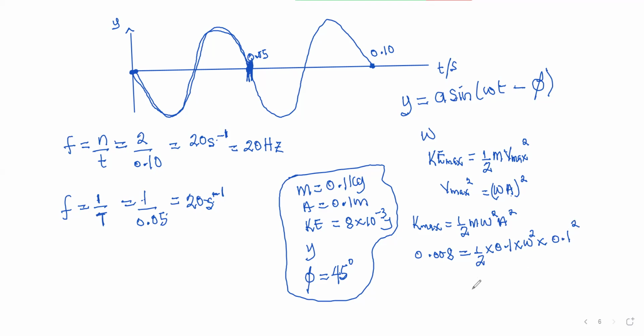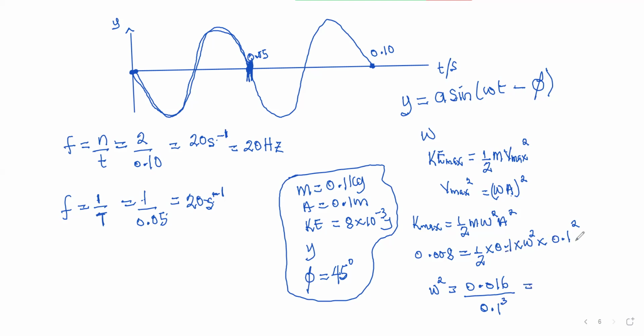Let's determine the value of omega squared. Omega squared will be 0.008 times 2, giving 0.016, divided by 0.1 raised to the power 3.